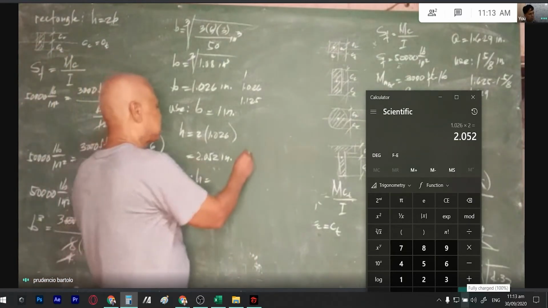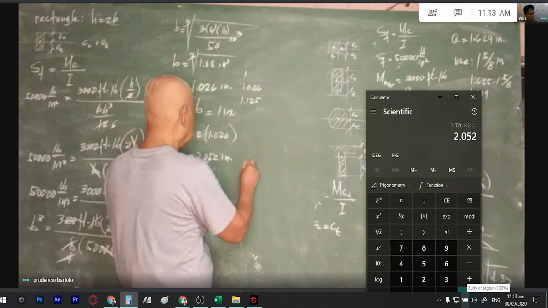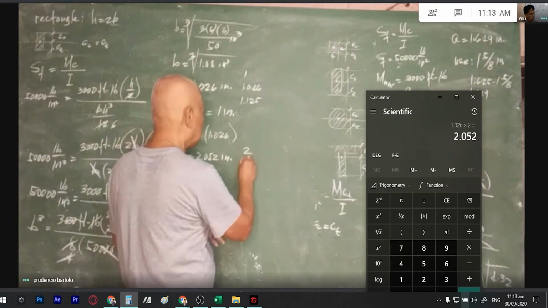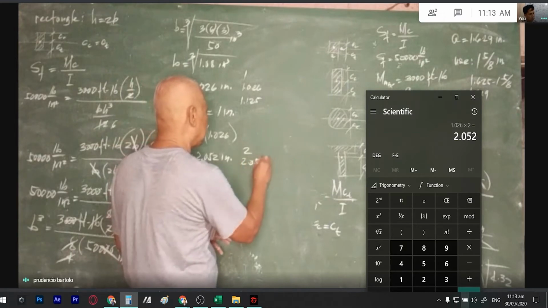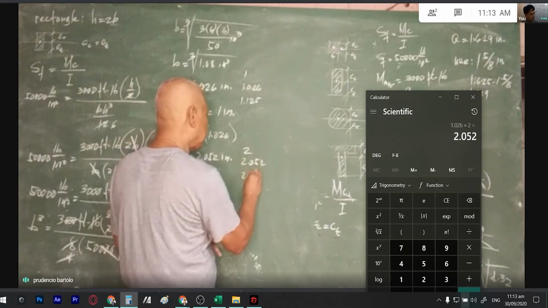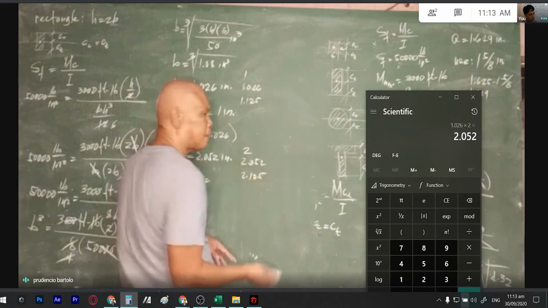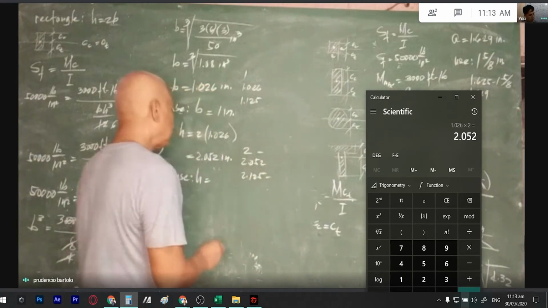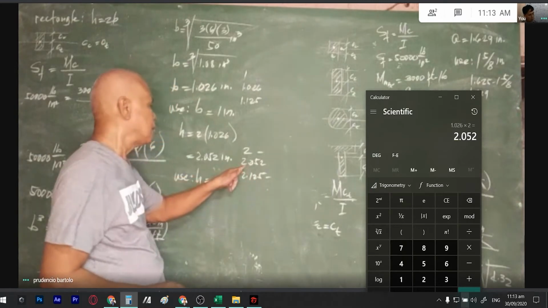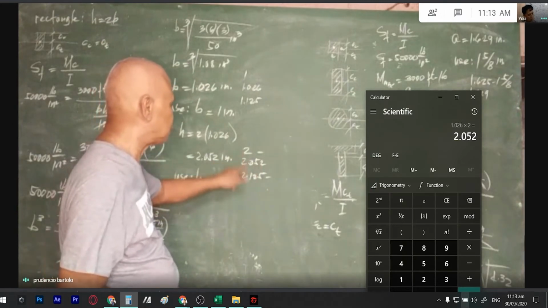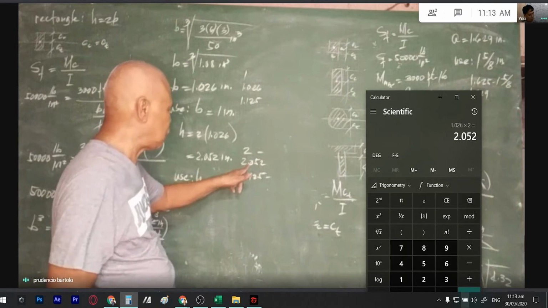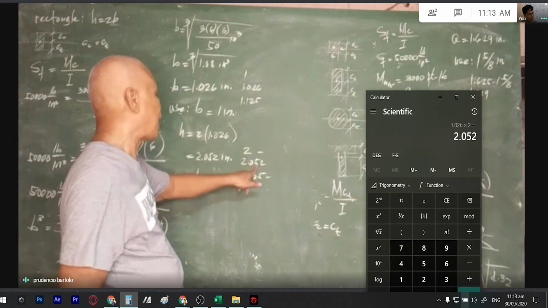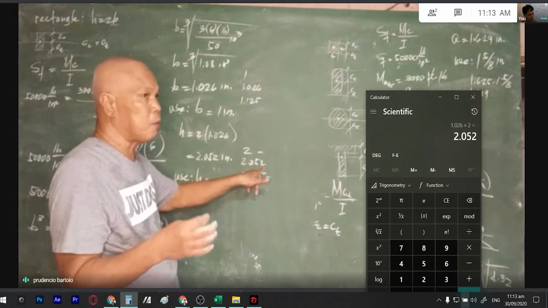So our lower value is 2. This is the computed value. That is 2.125 for the higher value. This is 2 and 1/8. So 2.052 minus 2 will give us 0.052 multiplied by 100.